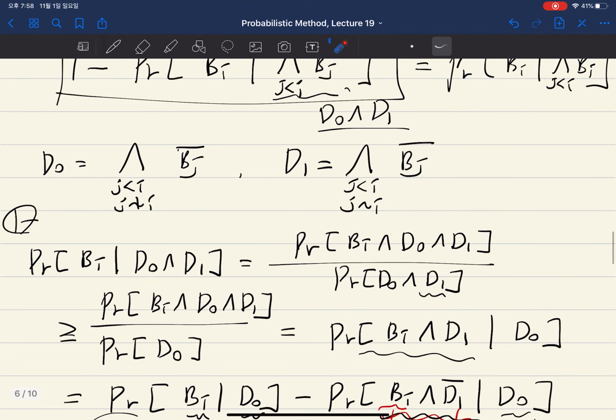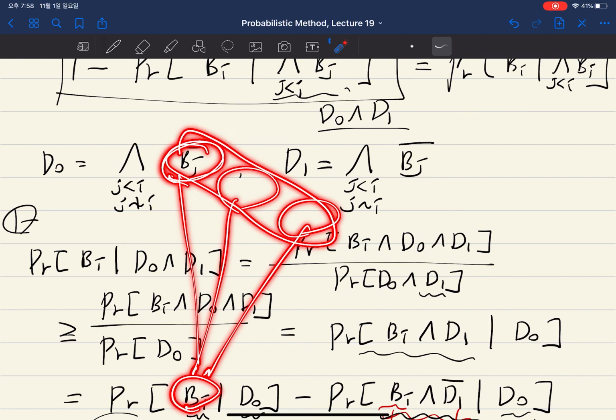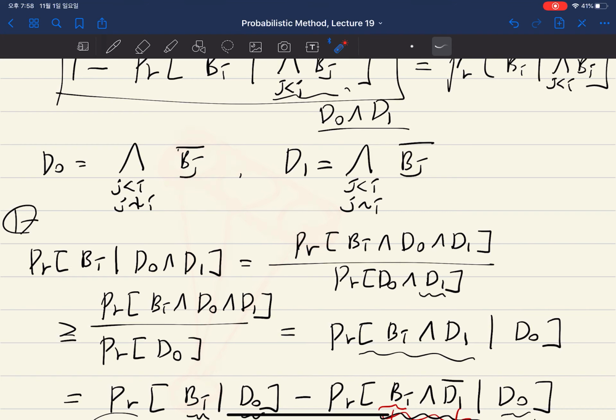Because what we know is each B_i is pairwise independent of each B_j. But pairwise independence is different from mutual independence. So there are several events, they are pairwise independent, pairwise independent, pairwise independent. But we don't know whether all together they are independent or not.